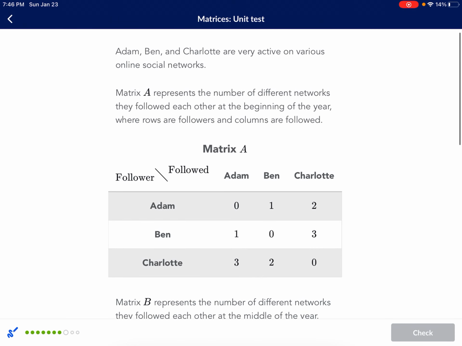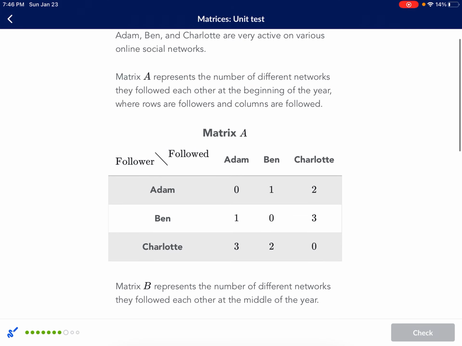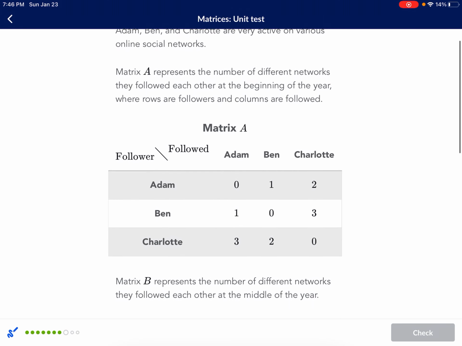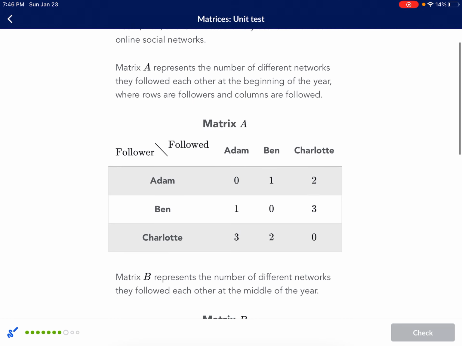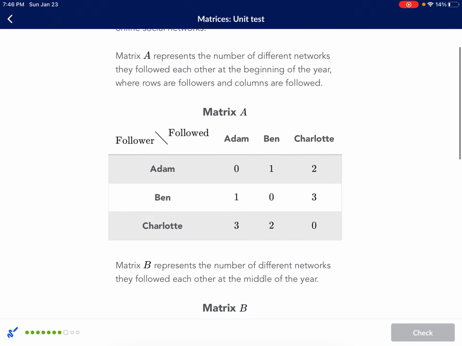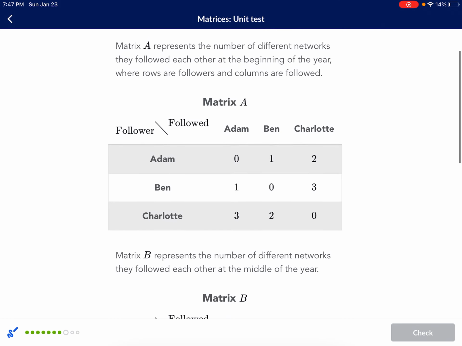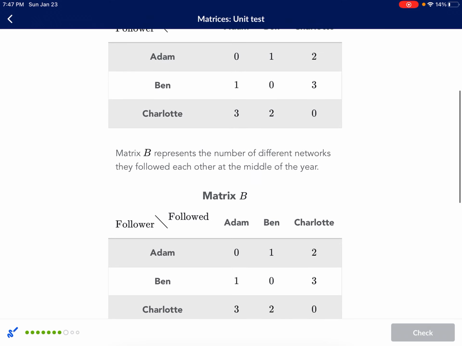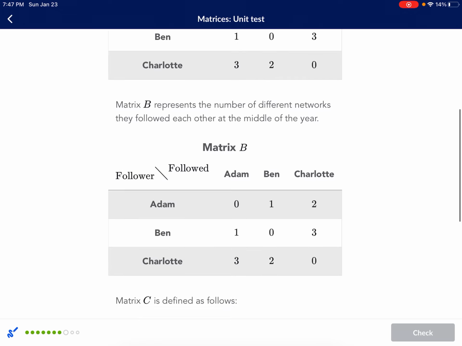Very active on various online social networks. Matrix A represents the total number of different networks they followed at the beginning of the year, and matrix B at the middle of the year.